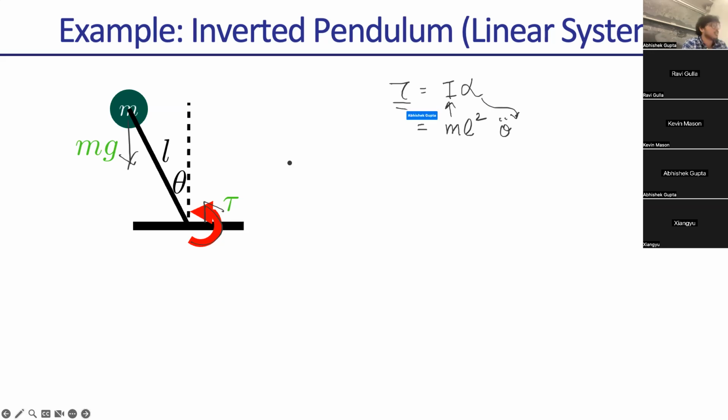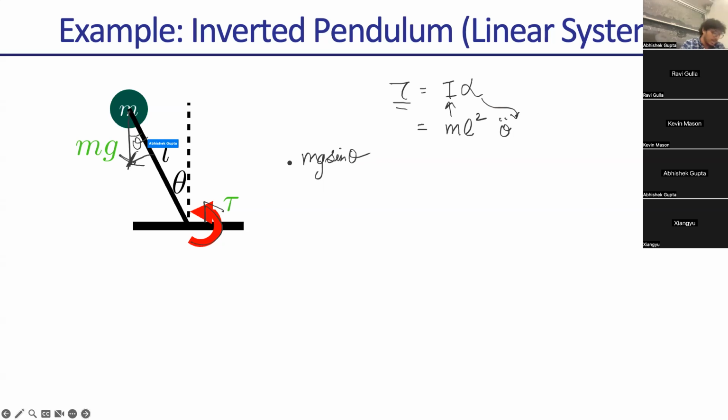And the left-hand side is the torque on the system. One way of thinking about it is let's take this force over here and take its component along this direction, because it's perpendicular to the rod. So the force along that direction is going to be mg times sine theta, when this angle is theta.